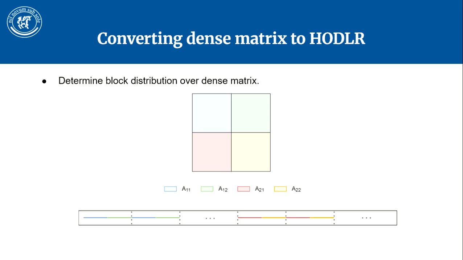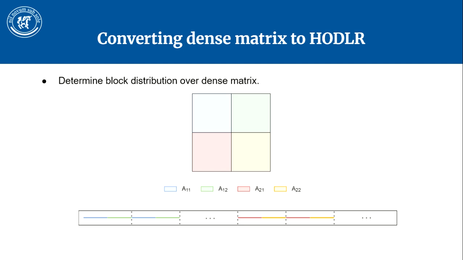So to convert a dense matrix to HODLR, we assume the dense matrix is represented as an array of values, such as in the bottom of the image. And in that case, we have to map the different blocks of the matrix to that array of values. So in this case, the block A11 is reconstructed as the first half of each row from the first half of rows.